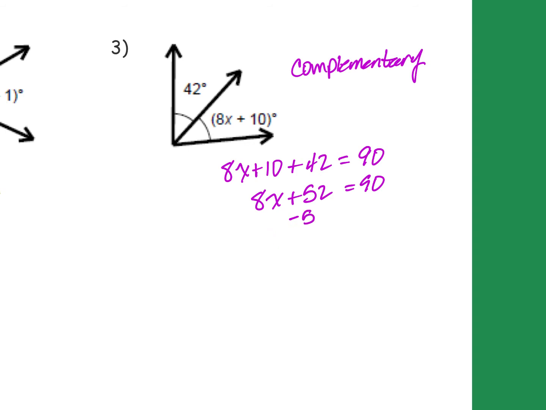And then I'm going to subtract 52, and I get 8x equals, I don't know, 52, 62, 72, 82, 30. That can't be right. 90 minus 52. Let me just do it this way. Minus. 38. It is 38.